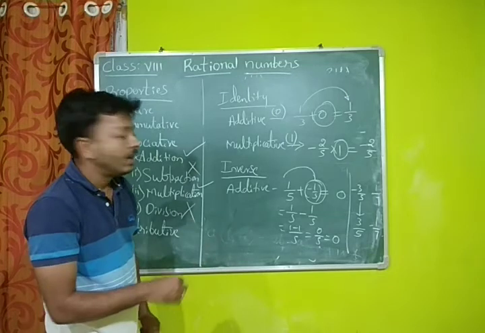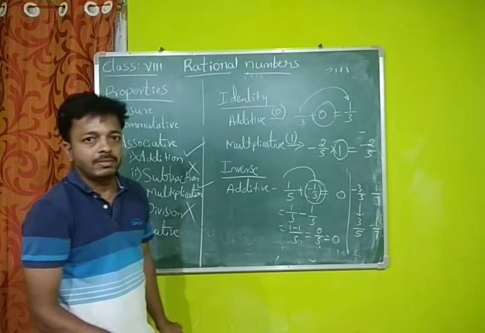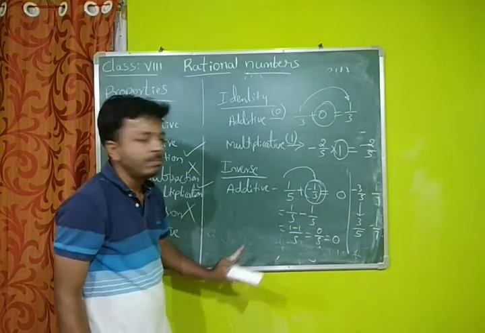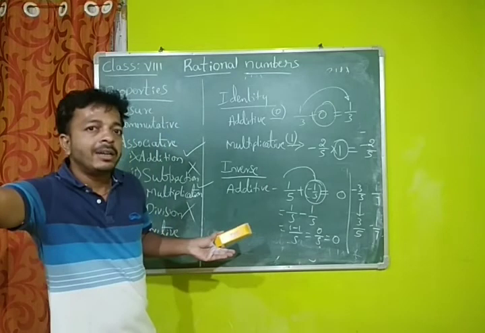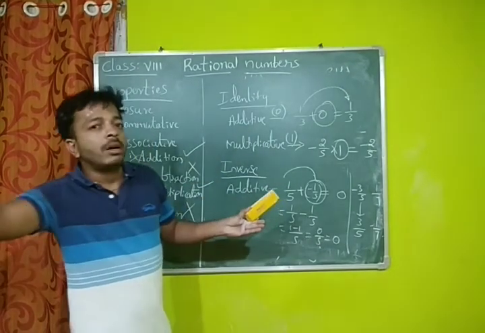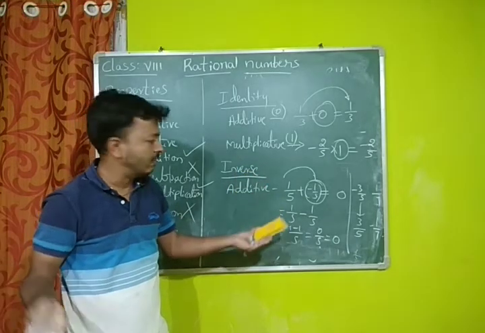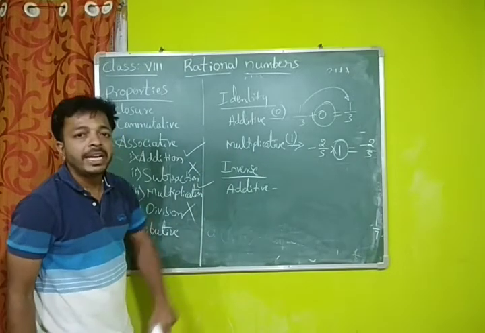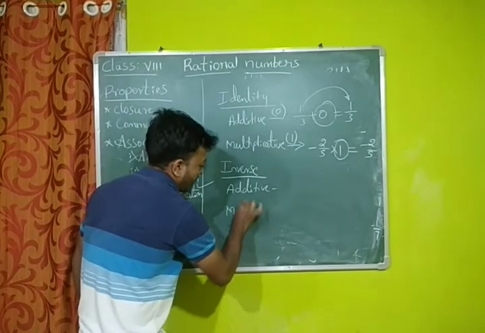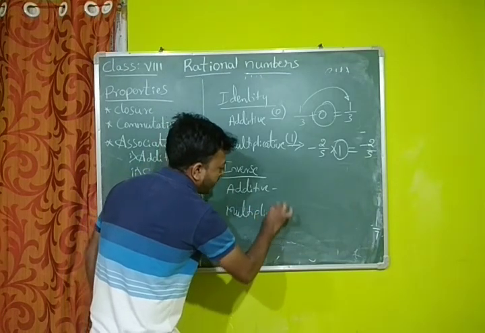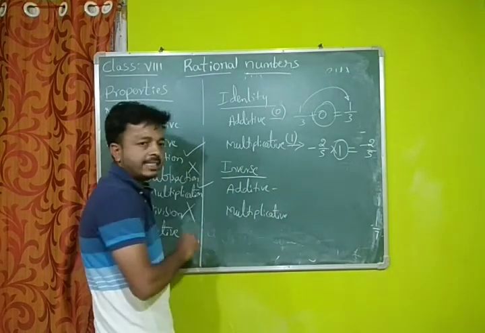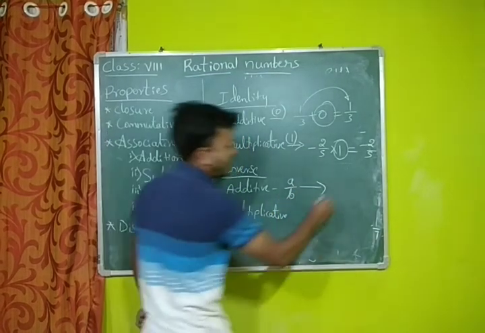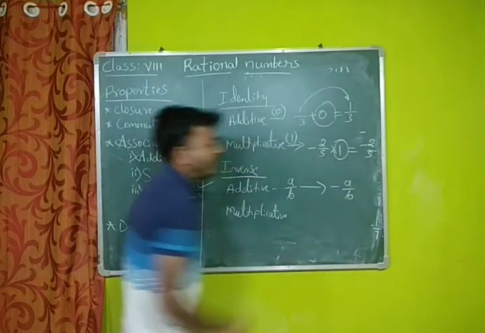If you want to find the additive inverse, just change the sign of that number. If it is a positive number, write a negative number. If it is a negative number, write a positive number. That is the additive inverse. Next, which one remains? Multiplicative inverse. Here I will write the general form: if A by B is there, the additive inverse of A by B is minus A by B.